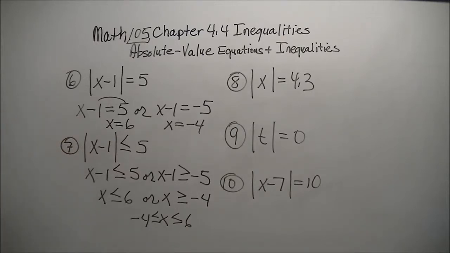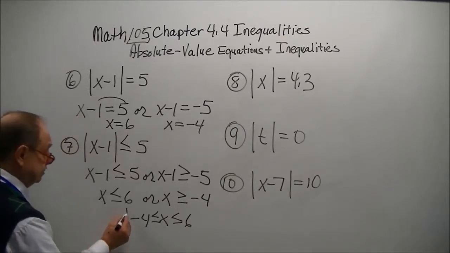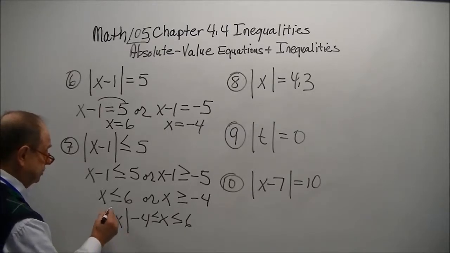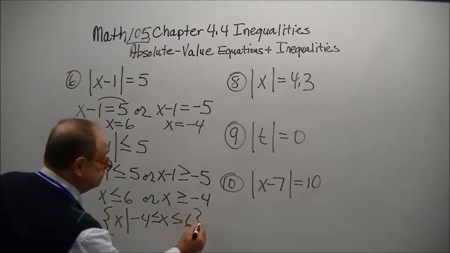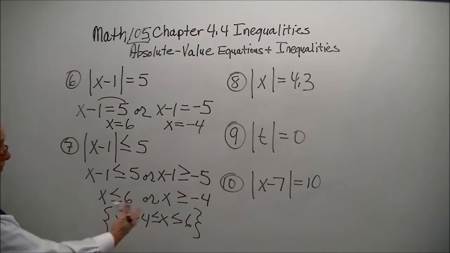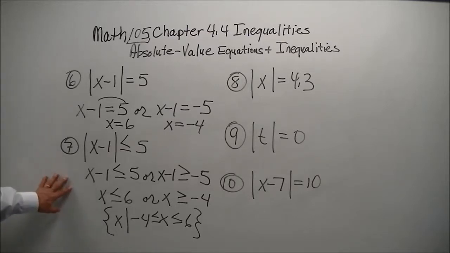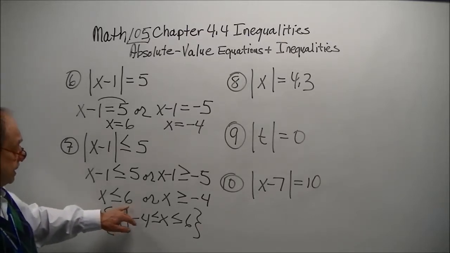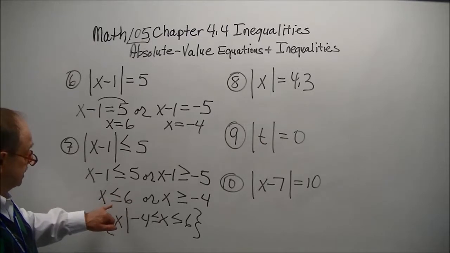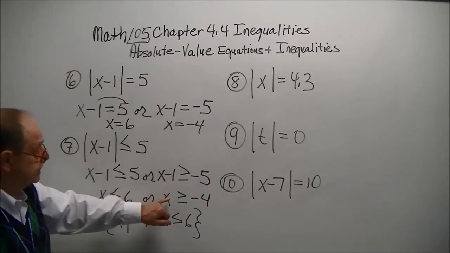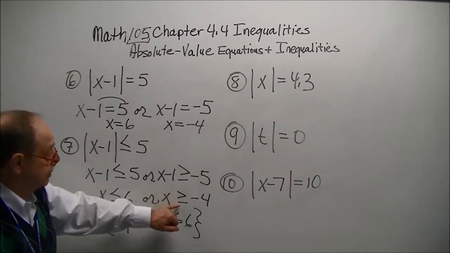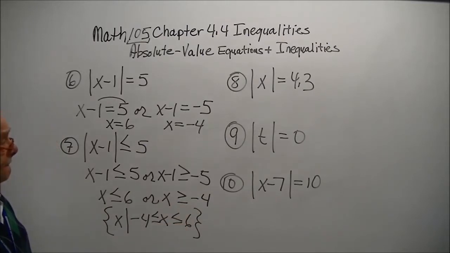So we've done that before. And then set builder, put a line there, x is such. And then you could graph that. You could also give its interval notation if they wanted. But here they just want the solutions. X is less than or equal to 6. X is greater or equal to negative 4.